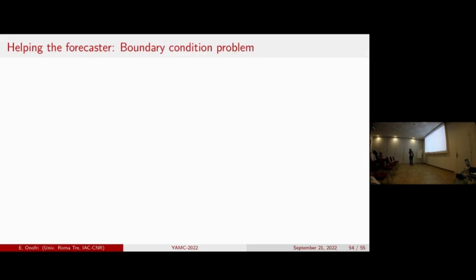Last but not least, helping in the forecaster. So now we are trying to determine what will come next, but of course, all of you are numerical analysts. You know that if you plug your models into the world, you need to know what happens at the boundary of your space. So we of course have the idea.